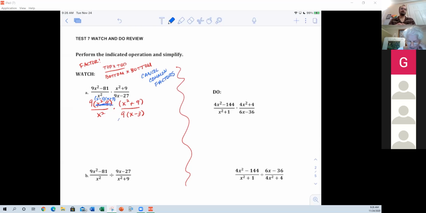So I can cancel this 9 with this 9, this x minus 3 with this x minus 3. And what I'm left with is x plus 3 times x squared plus 9 over x squared. Will anything else cancel? The answer to that would be no.